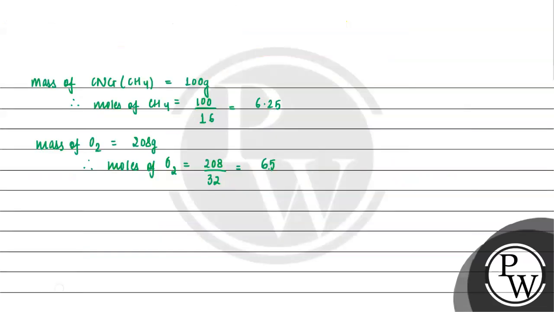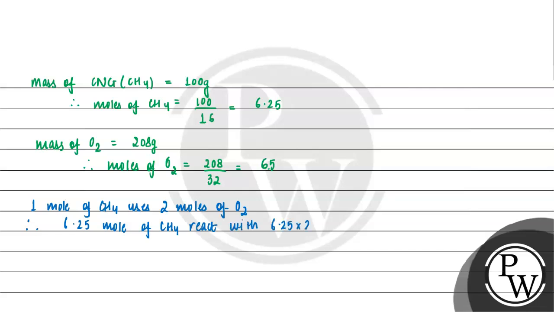Now if we look at the question, we can see that 1 mole of CH4, which is our CNG gas, uses 2 moles of oxygen, as we see in the balanced equation. Therefore, 6.25 moles of methane in this reaction reacts with 6.25 multiplied by 2, which is equal to 12.5 moles of oxygen.